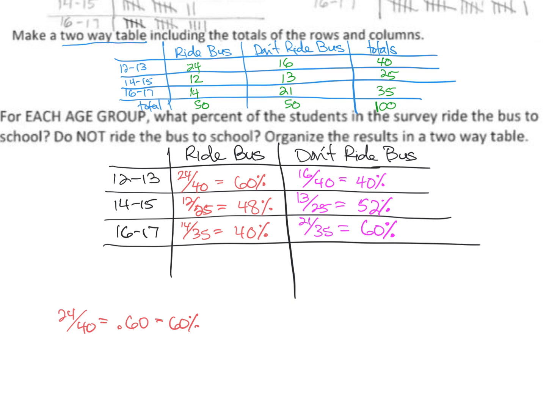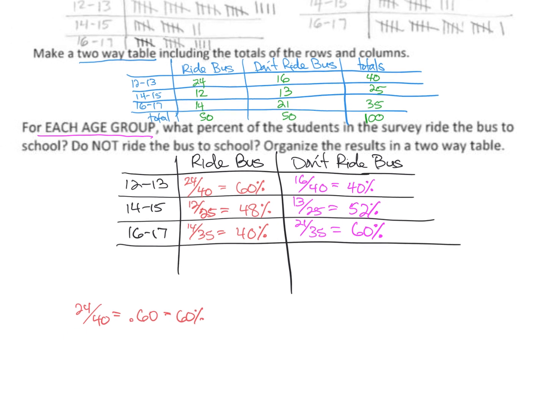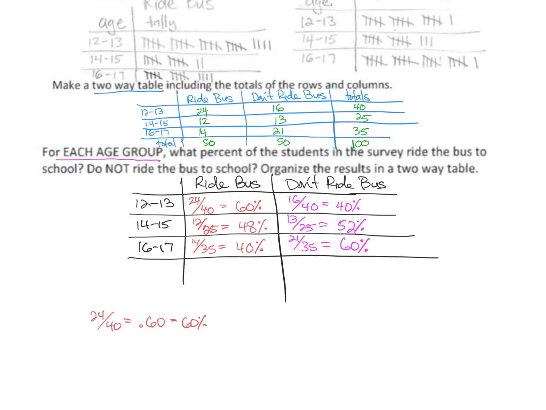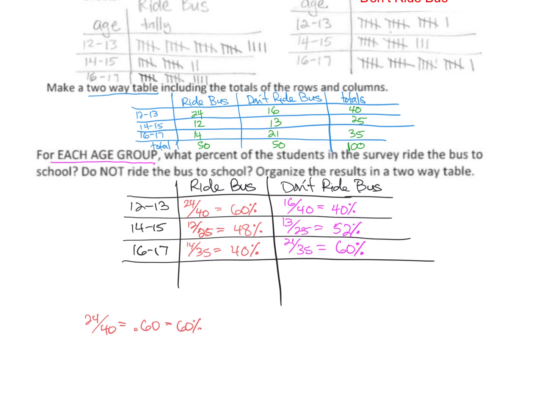Okay, so this is our relative frequency table for each age group. So that was the side-to-side kind of stuff. And then we're going to answer the question. It says, what percentage of students in the survey ride the bus to school? So we're looking at each age group, right?